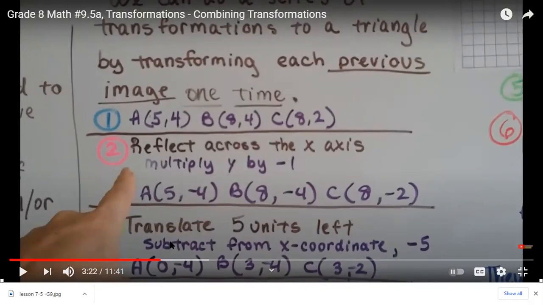Number 1, the original triangle is A, 5 and 4; B, 8 and 4; C, 8 and 2. Did you write it? Just 1 minute, quickly. First, the original figure: A, 5 and 4; B, 8 and 4; and C is 8 and 2.